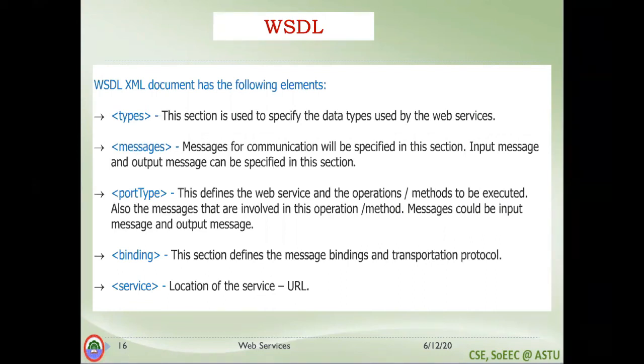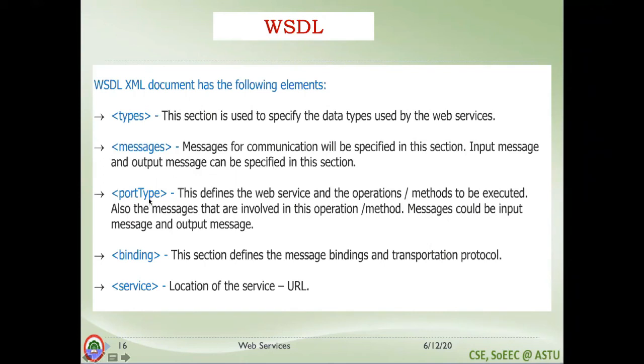One service can have multiple methods, and each method has different kinds of request and response messages. Request is nothing but input message, and then output messages. What are the different input and output messages of each operation? You can get them from the message section.